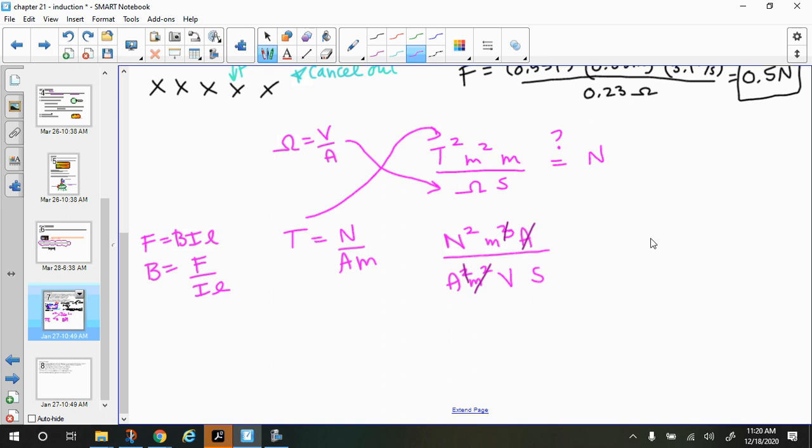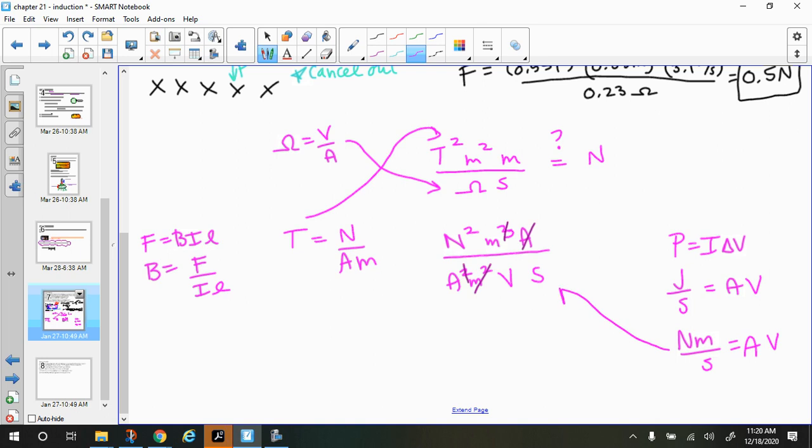So now, let's see here. We have amp times volt. So let's think about power is equal to current times delta V. So this is a joule per second is equal to an amp times a volt. And a joule is a Newton times a meter. So an amp times a volt, which is this right here, is a Newton meter over a second.